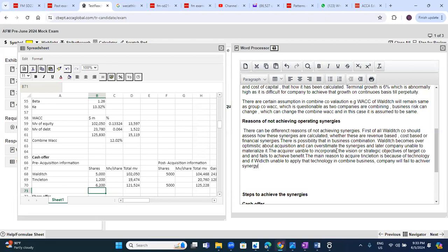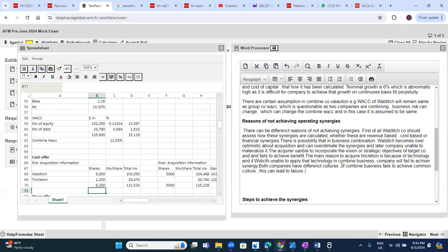Then you can write the typical points. Cultural conflicts, unable to maintain the employees. Both companies have different cultures. So if combined business fails to achieve common culture, this can lead to failure.